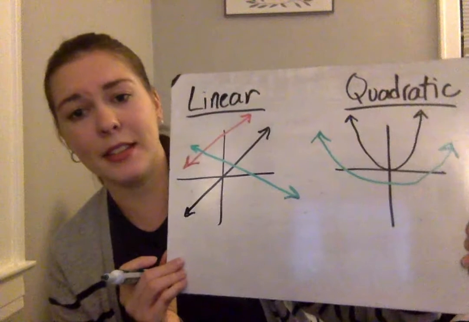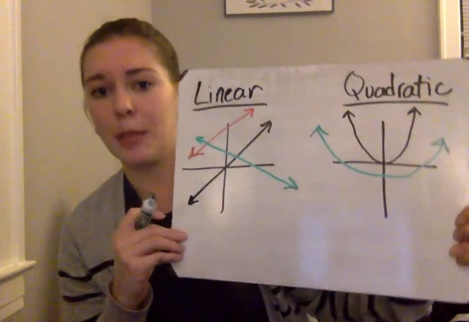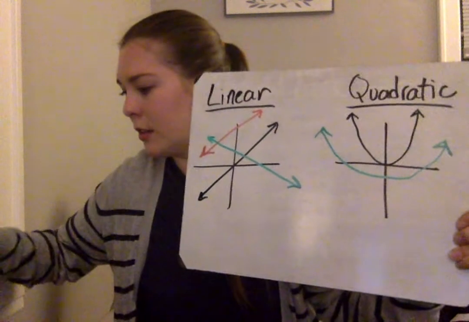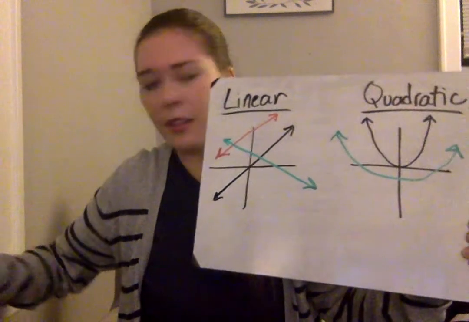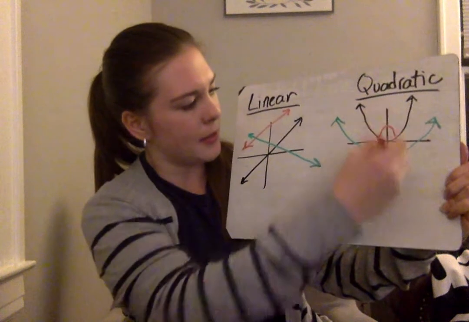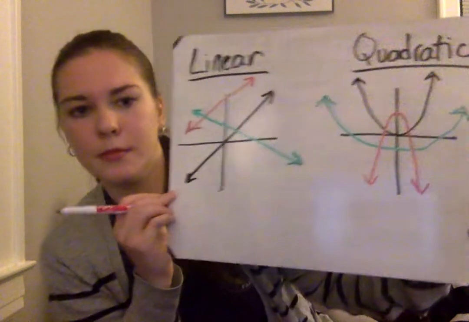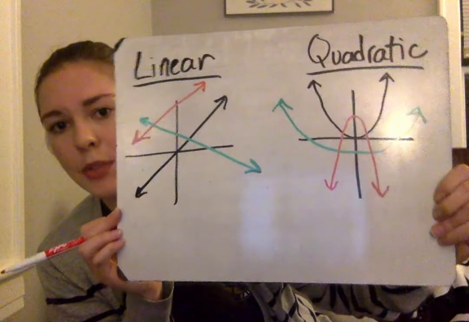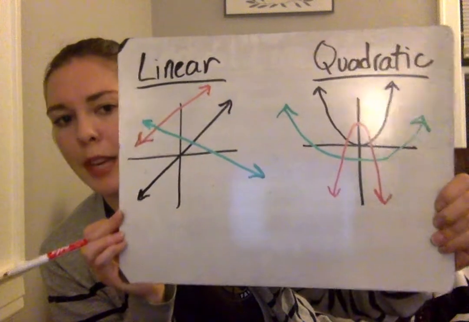It's not exactly the same, but it still has that smile shape, which allows it to be in the quadratic family. Or maybe we flip it upside down and make it really skinny. Not exactly the same, but close enough to be grouped into the quadratic family.